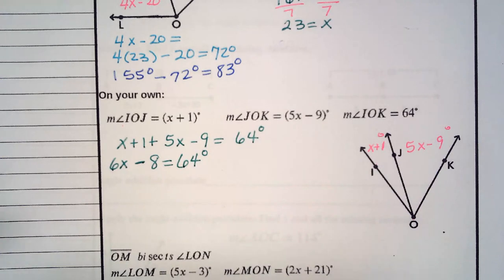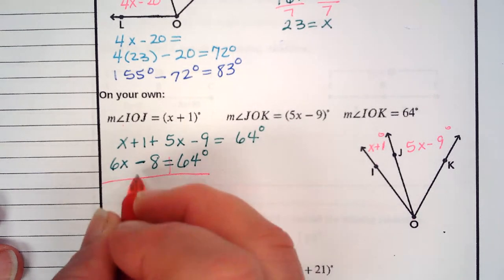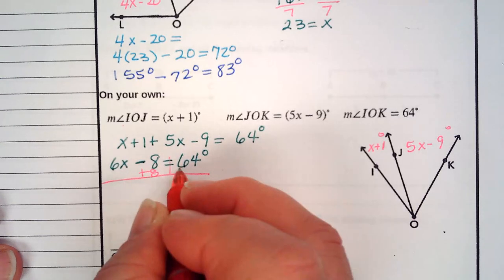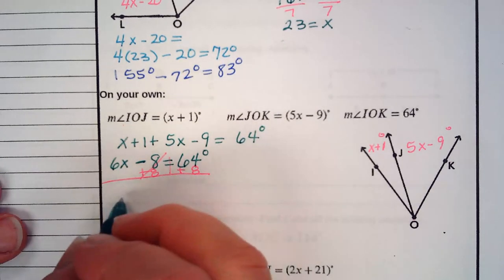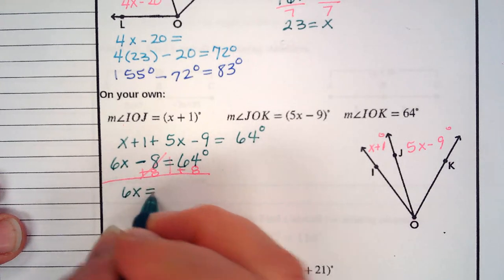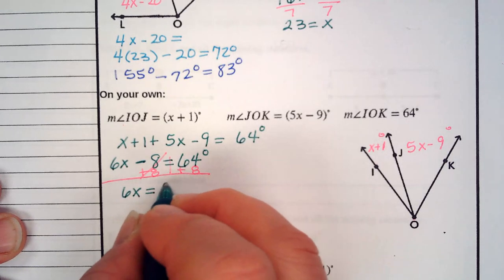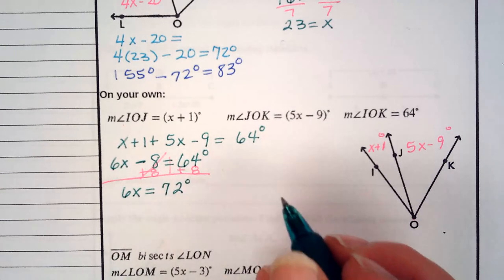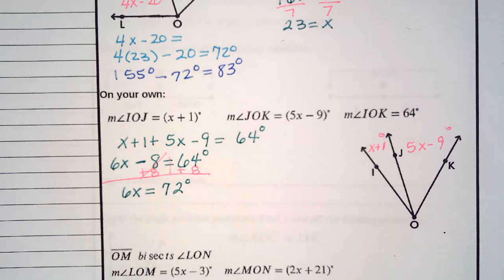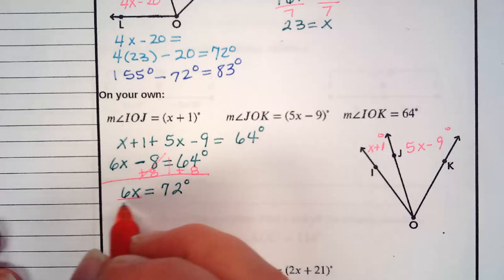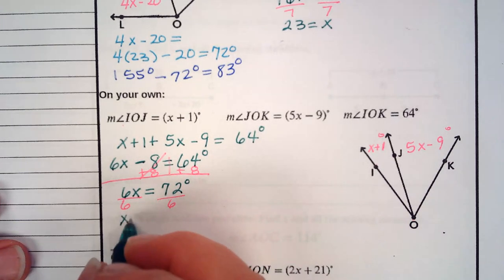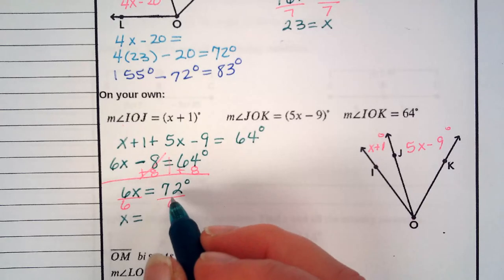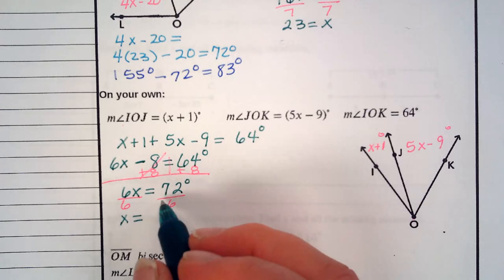Solve for x. Add 8 to both sides. 6x is equal to 72. Divide by 6. x is equal to, well, it'll go into 7 once, leaving us with 1.